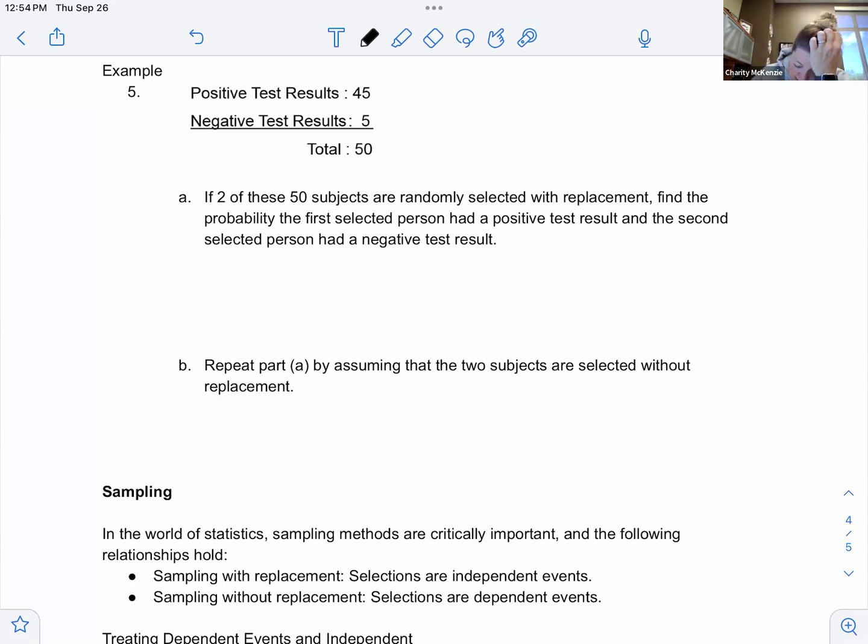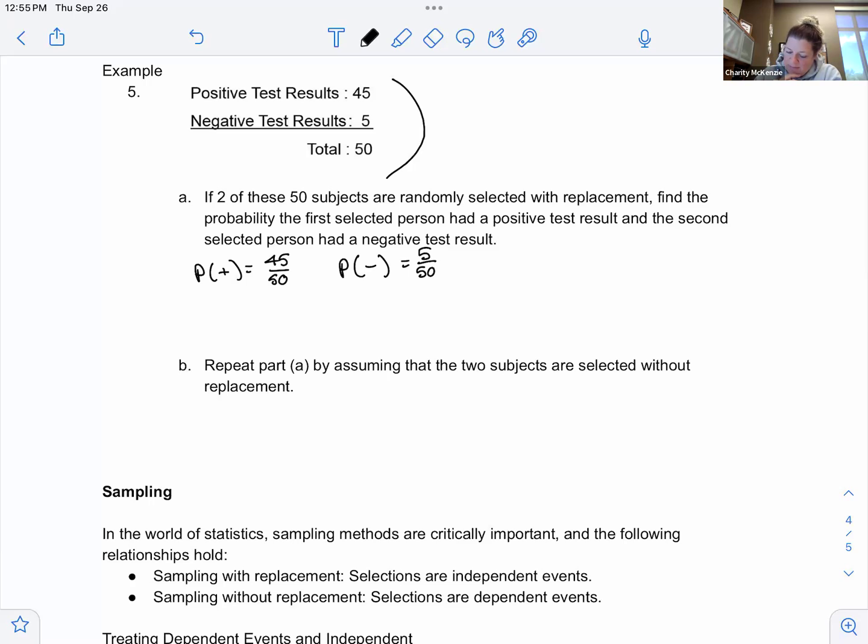So the positive test result could be, we could do it this way. The probability of a positive one is going to be 45 out of 50. The probability of a negative one was 5 out of 50. And those were just given from looking at our data up here.